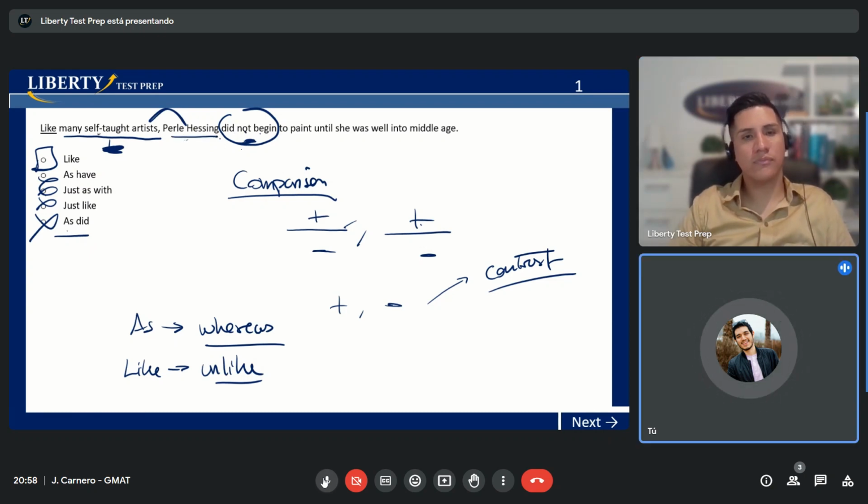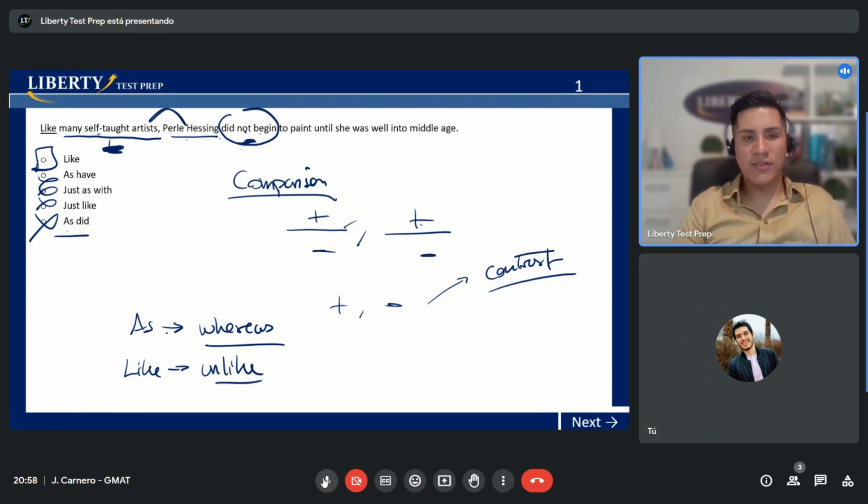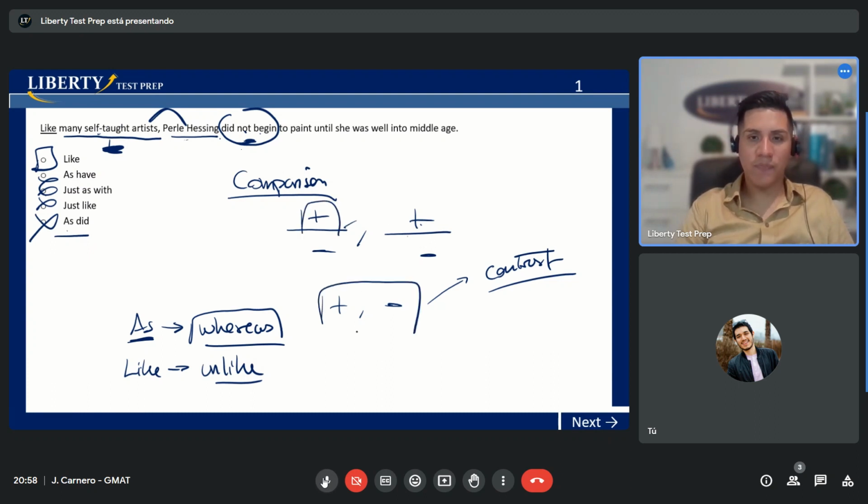Can you repeat just one more time as with whereas, please? Sure. So as is for comparisons. Whereas is a contrast version of as. So if you want to set a relationship of contrast in which one action is positive and the other one is negative, then you use whereas. That was not the intention in this case.